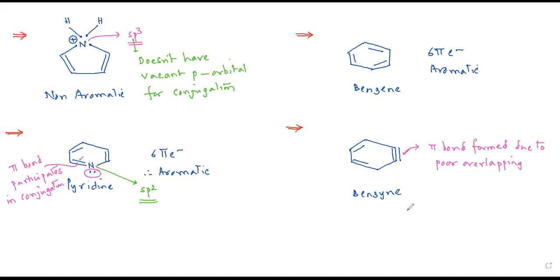Let me show you. So, even this pi bond is not considered to be a full-fledged pi bond. So, benzene is generally taken as aromatic. Okay. It's aromatic.